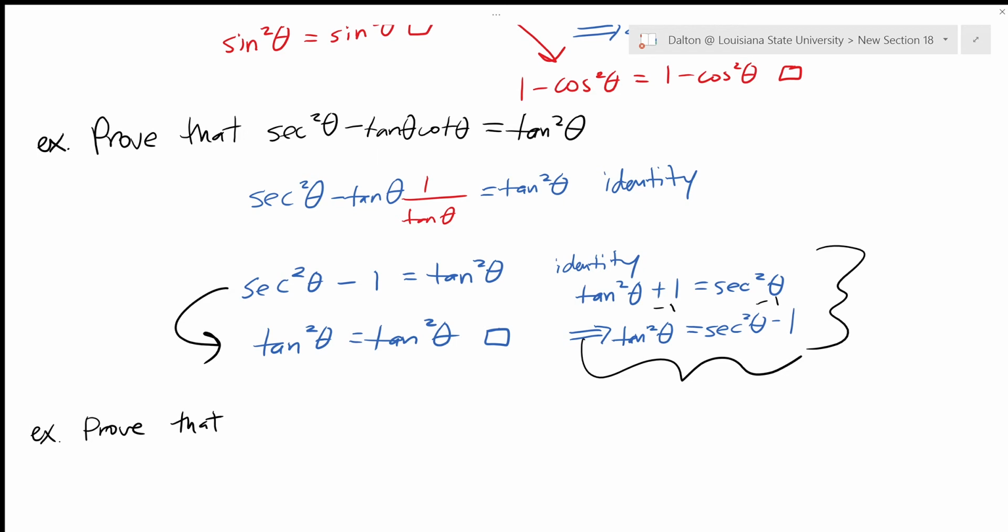I told this to first period. Some math professors would not even allow you to manipulate the identity. They would make you rewrite secant squared theta as tangent squared theta plus 1. Then the 1 minus 1 would cancel, and you get tangent squared equals tangent squared.